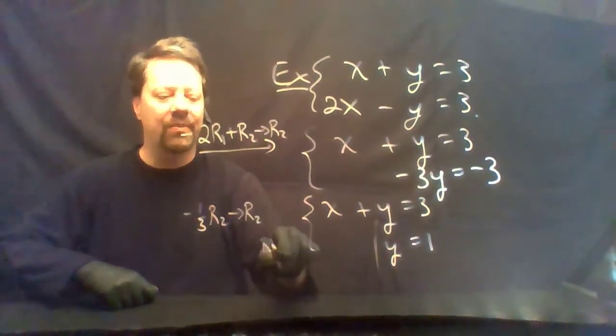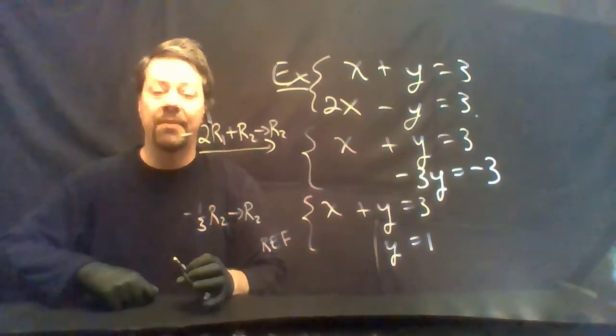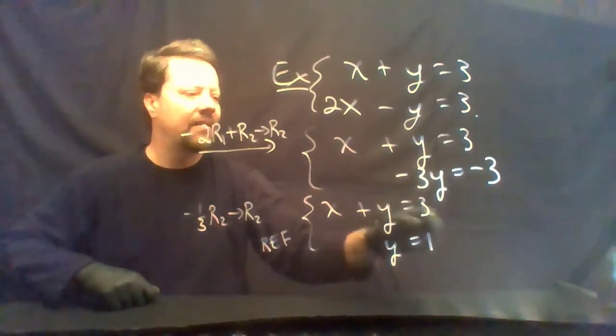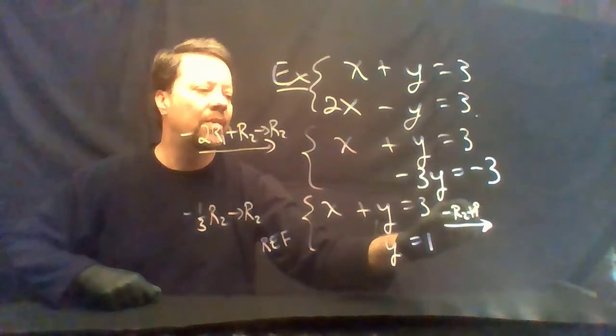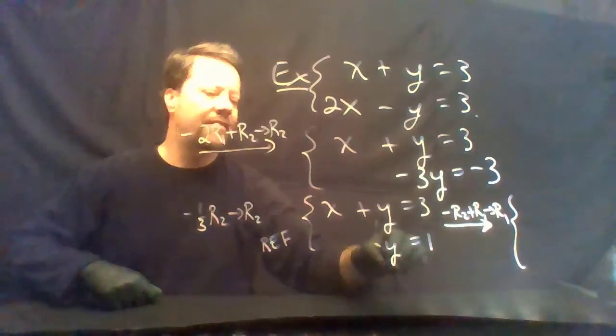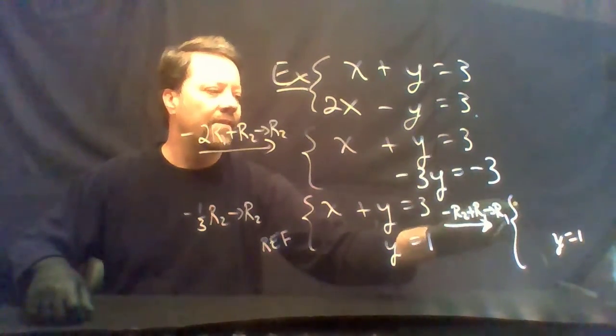This gives us row echelon form. We need one more operation to produce the reduced row echelon form. In particular, we can take negative row 2 plus row 1 to yield a new row 1. The second row will stay the same as before.